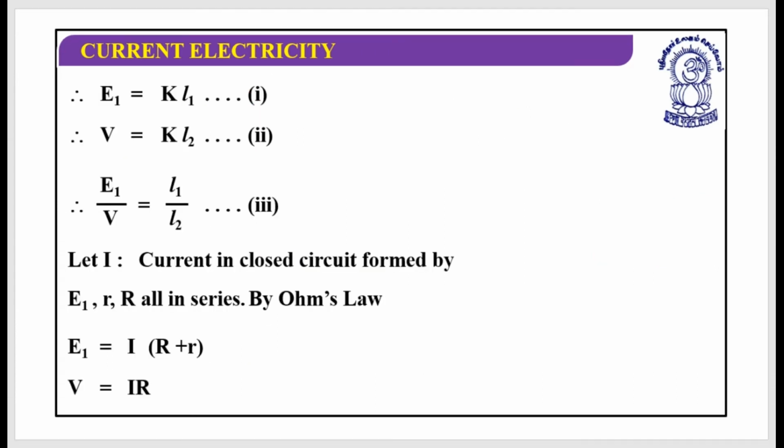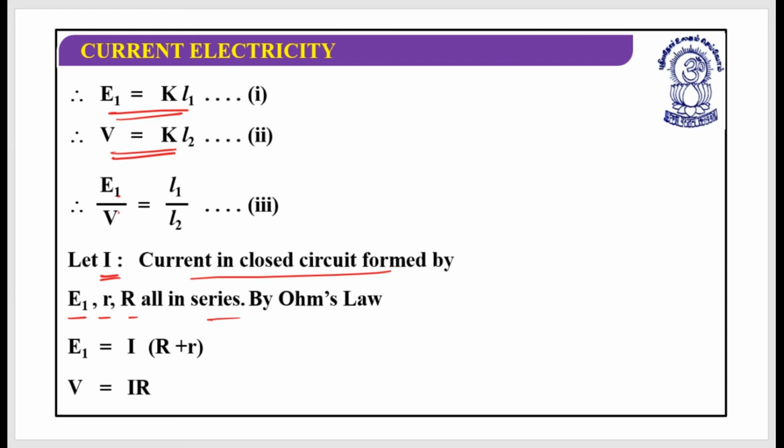Now let's look at the relations. We have E1 equals K into L1, and we have V equals K into L2. Let's take a ratio of this, that is E1 by V, that should be equal to, K has gone, L1 by L2. Now suppose I is the current in the closed circuit formed by E1, R and r in series.